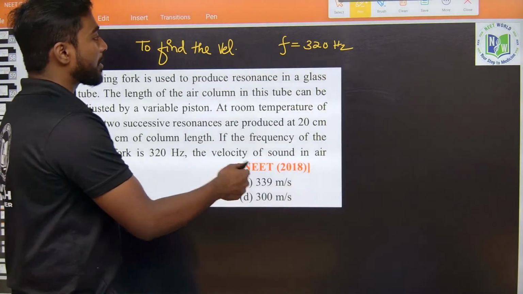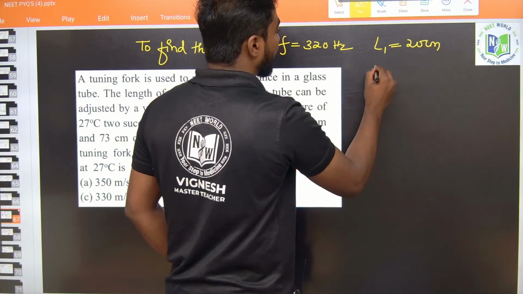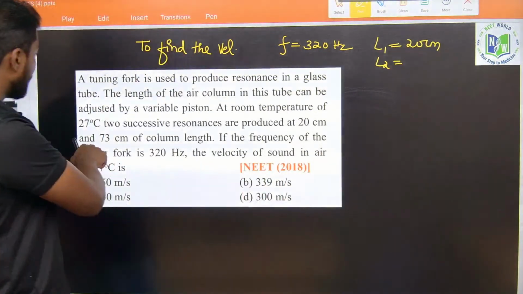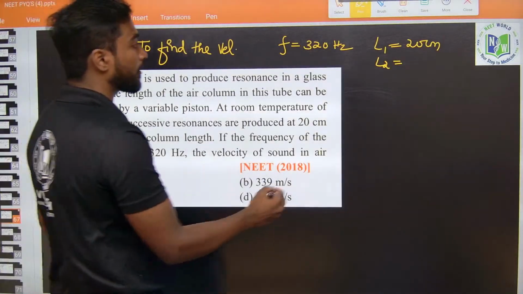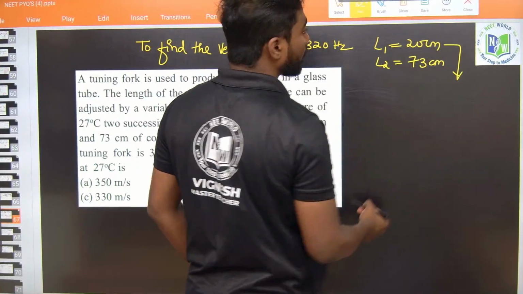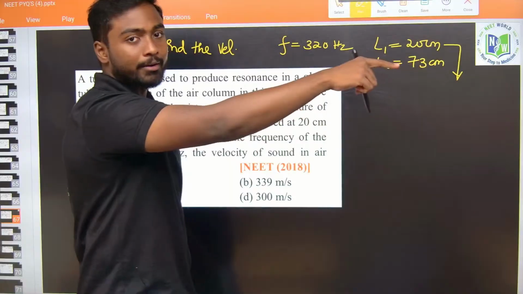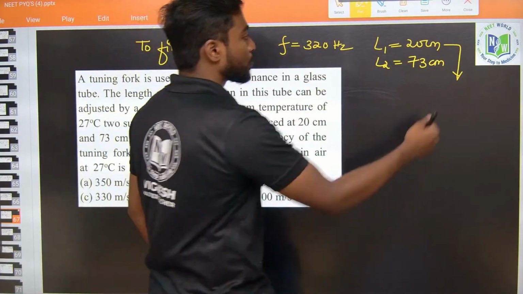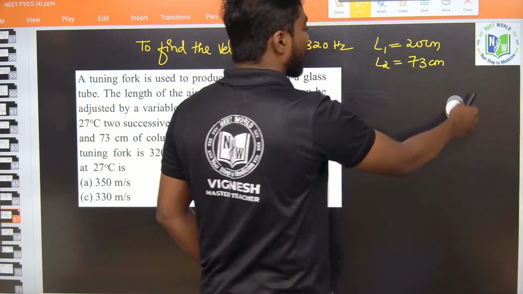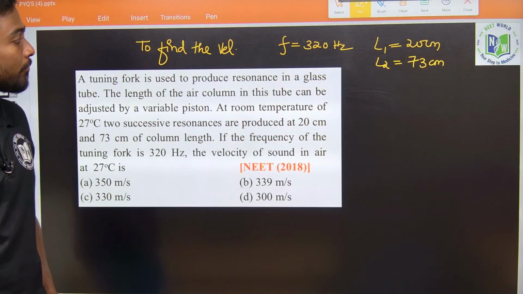Let me take L1 is equals to 20 centimeter and L2 is equals to 73 centimeter. Can I convert it into meter? It is 10 power minus 2, right? So whenever you are doing this, convert everything into the same units. That's the important thing.